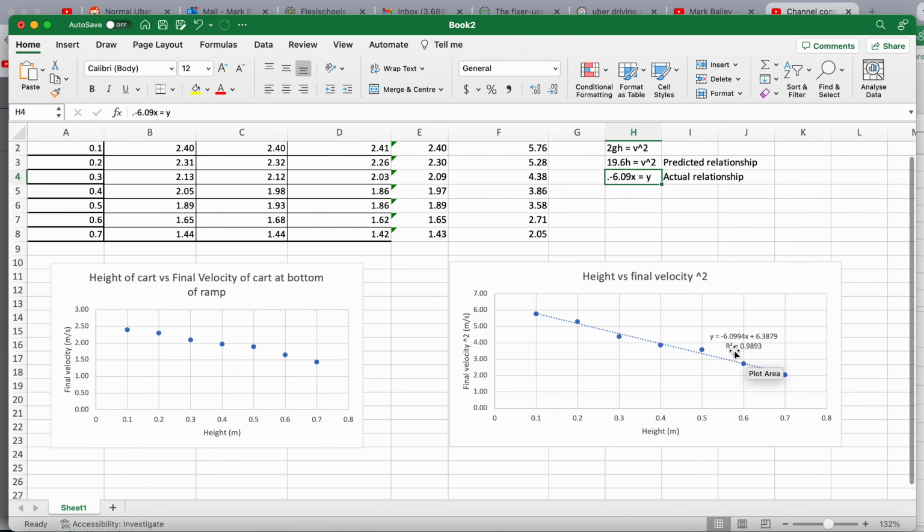Our r squared is 0.98, like I said, so it's only some slight errors, but we can see how the actual relationship compared to our predicted one. We were expecting 19.6, so we're a bit off there. So yeah, okay.